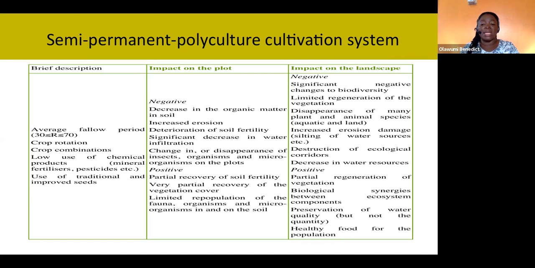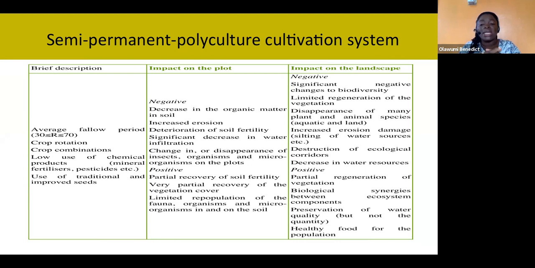So if you look at the positive impact of this type of system, it says that there is partial regeneration of the vegetation, because we're going to leave it to fallow for a short period. Then there are biological synergies between ecosystem components, so there's going to be cooperation between them. Then there's preservation of water quality, but not the quantity, because the input is still at minimal usage.